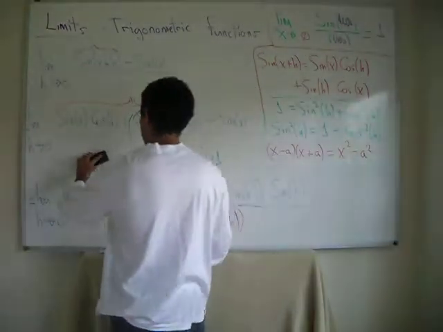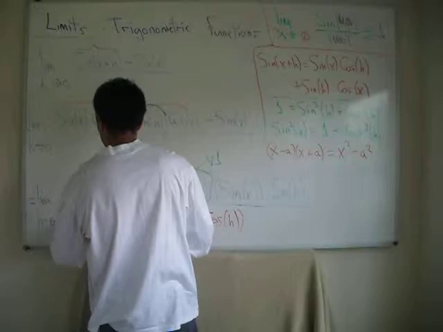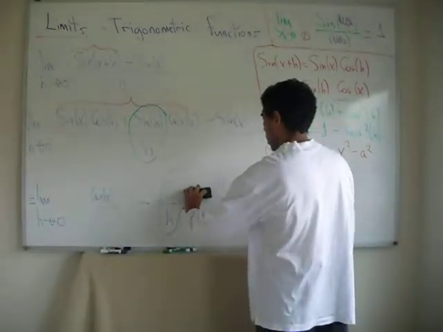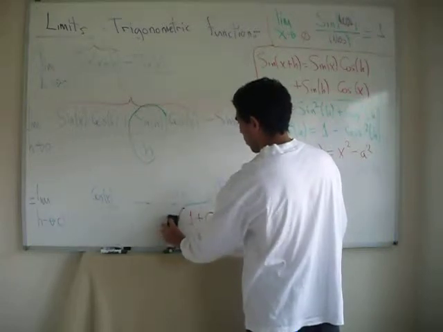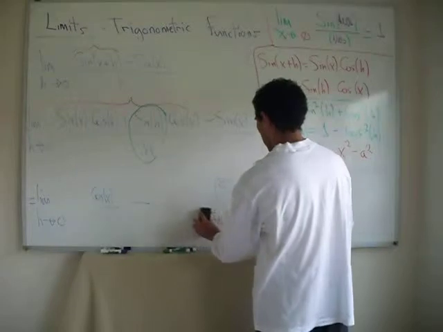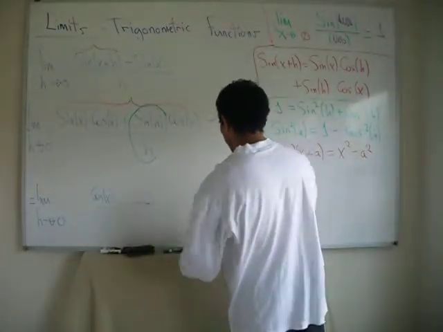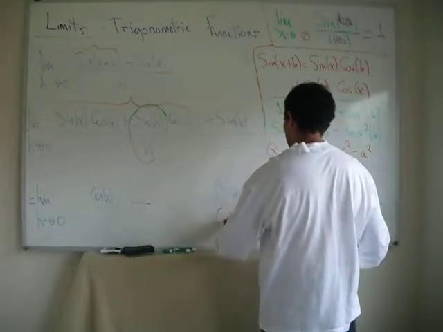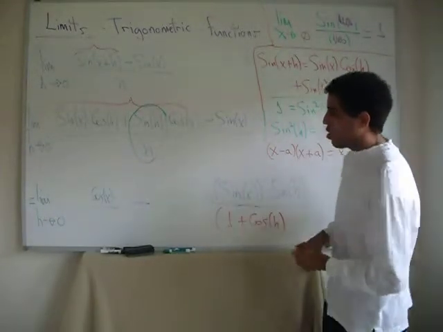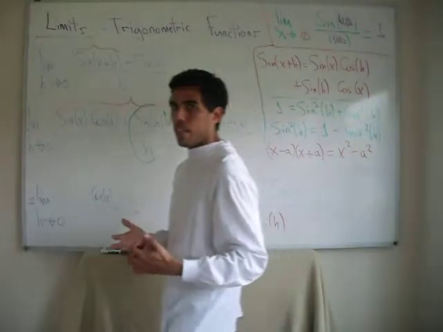So I erase, and I erase. Isn't it wonderful when you get rid of the weird stuff? Just going to put this at the bottom right here. There you go. So now I evaluate because I got rid of the indetermination.